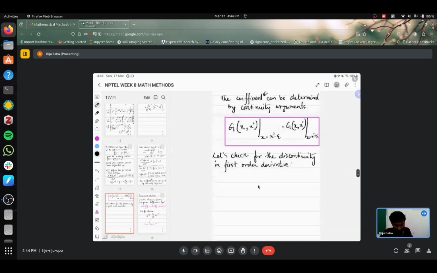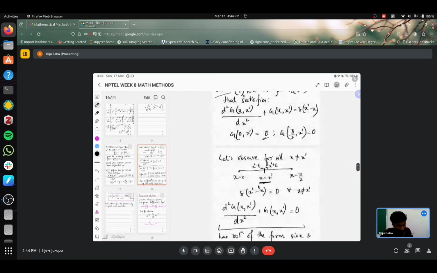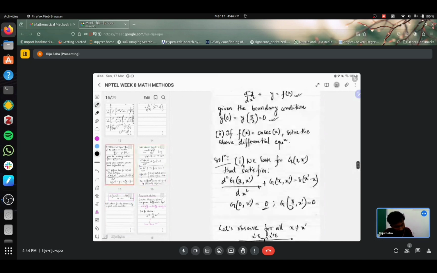The way to do it is that we integrate this particular differential equation.